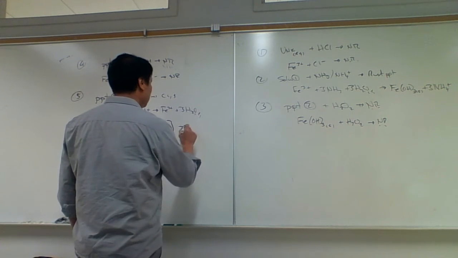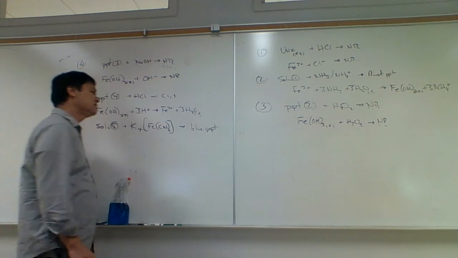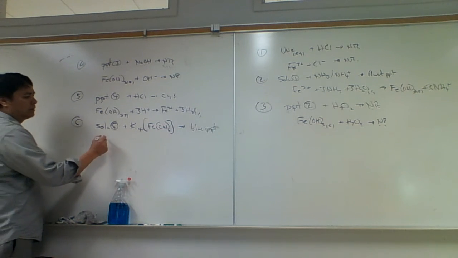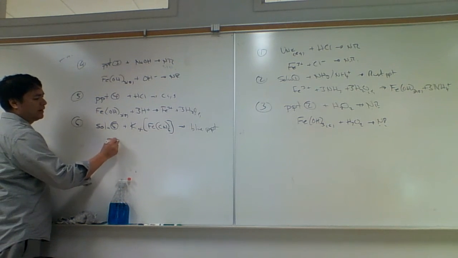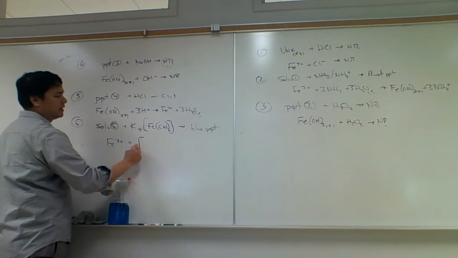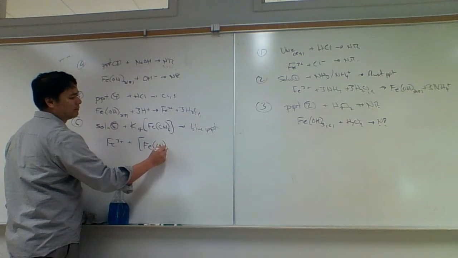And this is aqueous. And then we get a blue precipitate. This is a very famous reaction, like a Prussian blue precipitate. And so over here, we have iron 3+, and it's going to react with this anion. And this anion is kind of a funky anion because this anion is going to be a 4- anion, right?